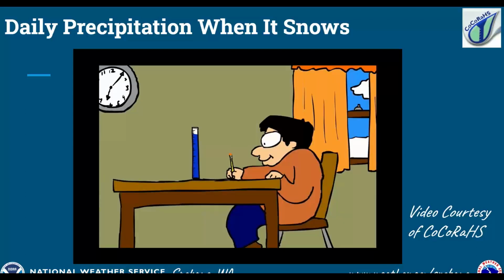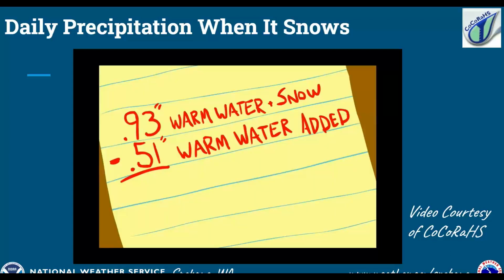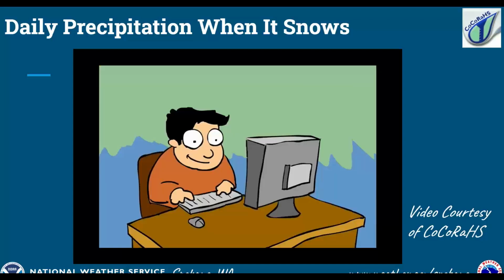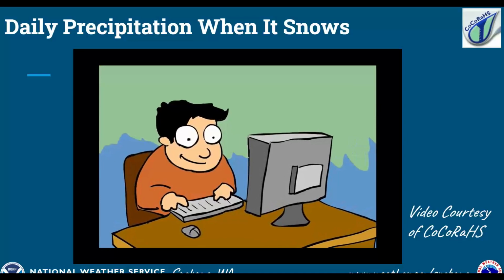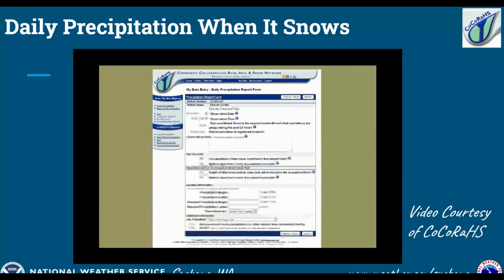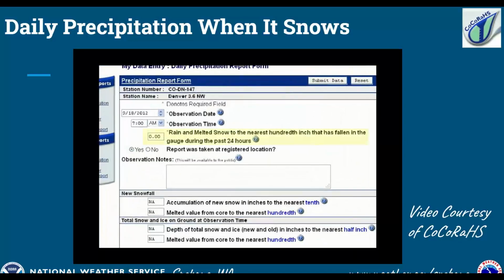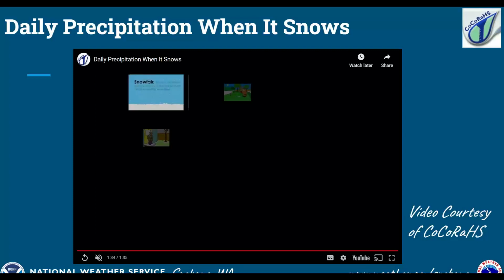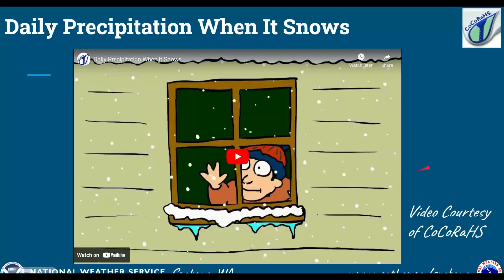Because you add enough warm water to melt the snow, and then you subtract out how much warm water you added, and that gives you that daily precipitation. And then on your form, that is the part where you put in the rain or melted snow. That is the section that we always fill out, whether it's rain or now melted snow. That's where that number goes.